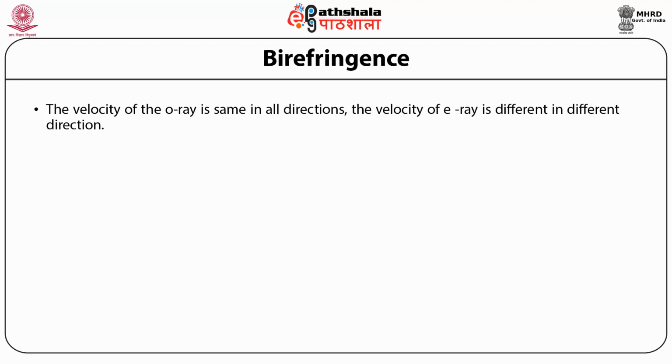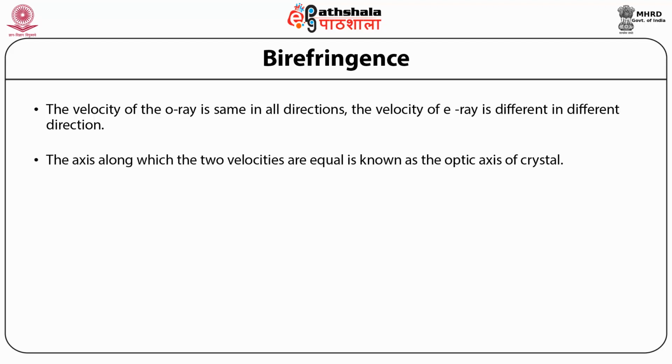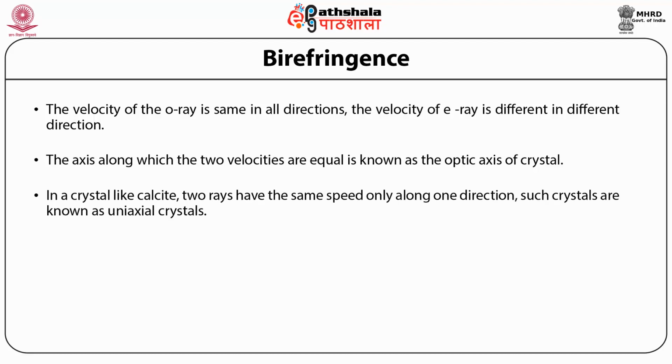A substance like quartz or calcite that exhibits different properties in different directions is called an anisotropic substance. The axis along which the two velocities are equal is known as the optic axis of the crystal. In a crystal like calcite, the two rays have the same speed only along one direction. Such crystals are known as uniaxial crystals.